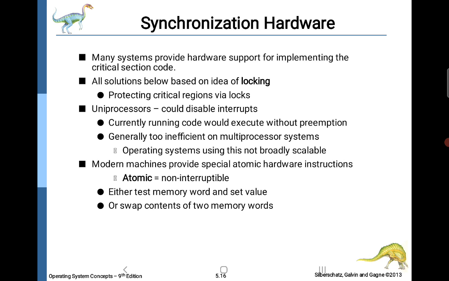Anyhow, modern operating systems and modern machines provide what we call atomic commands. Atomic means that despite being actually multiple commands in machine code, it will be addressed as one single command and it will not be interrupted until the whole series of these commands is executed.